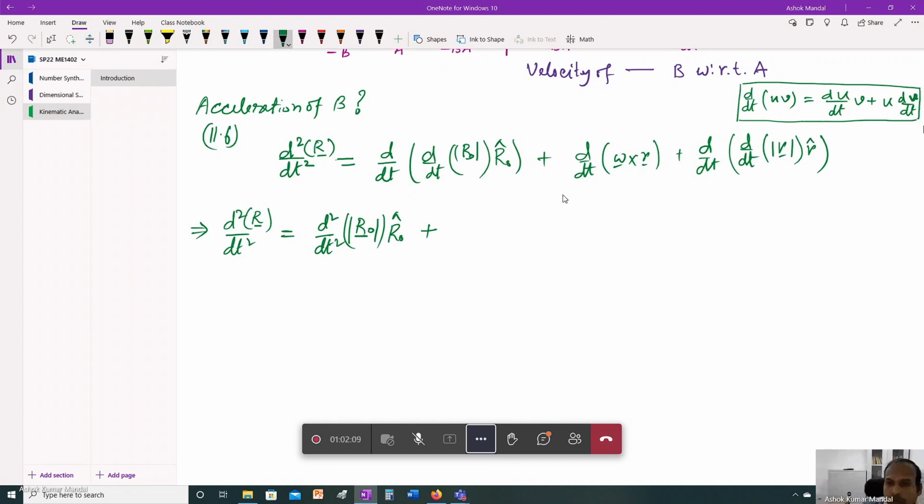Now we will apply the same product rule for this derivative.